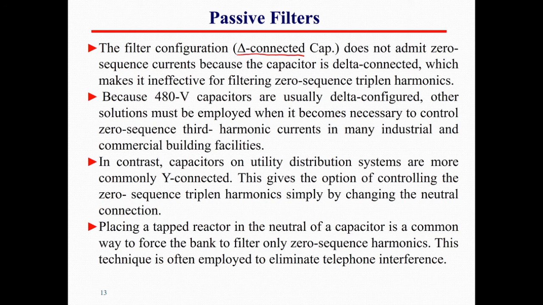They will connect the capacitor bank as Y, and then the neutral will also be connected through a reactor in order to limit the telephone interference. If they just connect the neutral to the ground, that will pass a very large third harmonic current through the ground. As a result, that can cause interference.